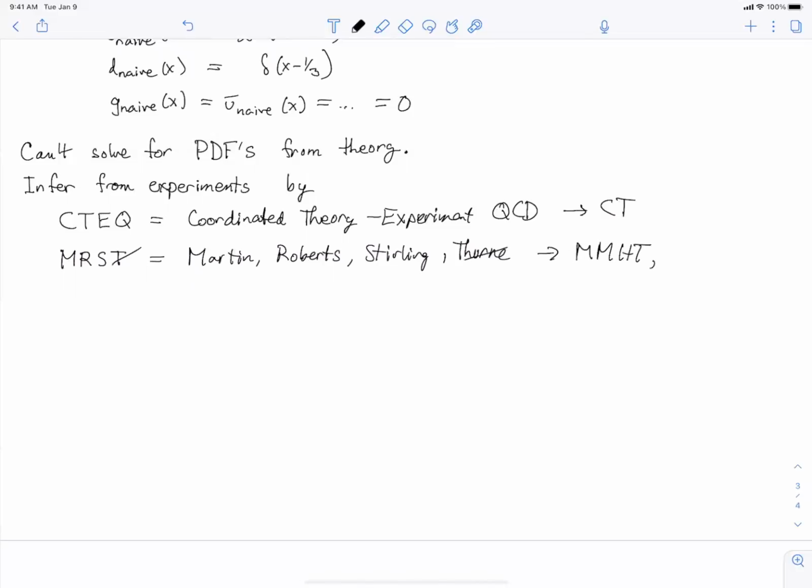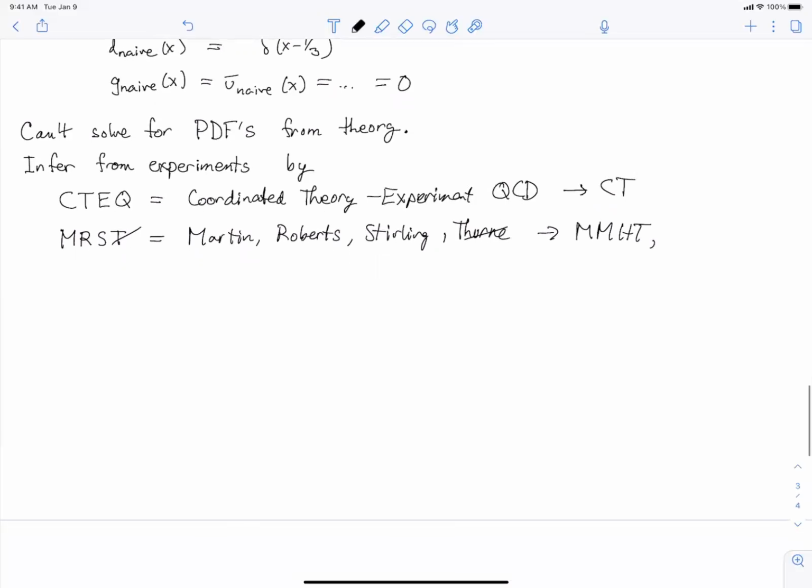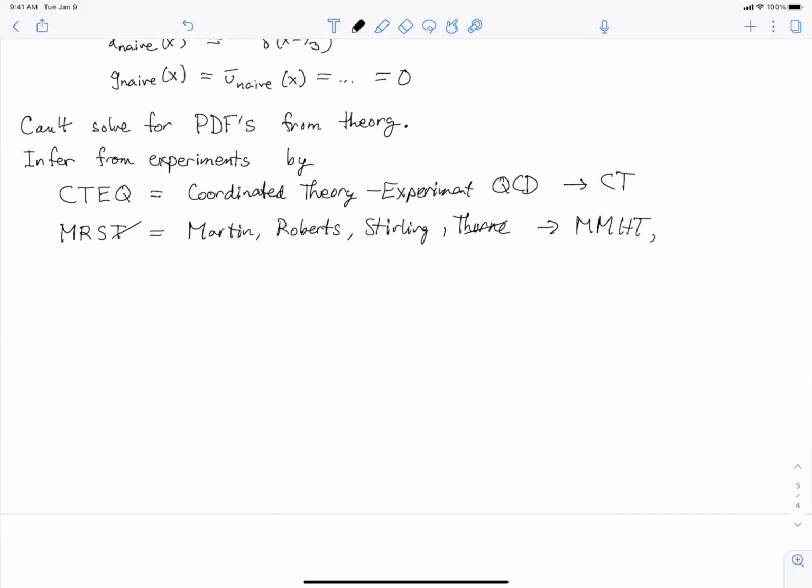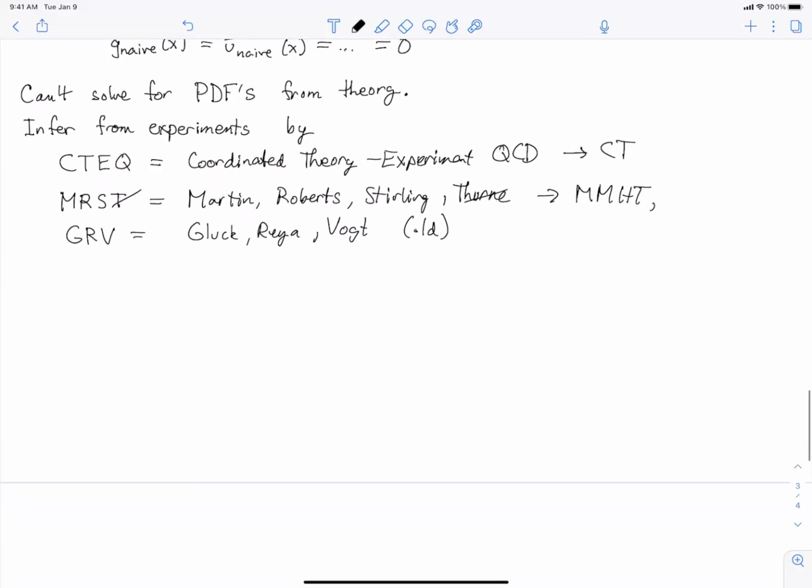And actually, I haven't looked lately at what they call themselves. There was GRV, which was Gluck, Reya, and Vogt. And I think this one is old. I don't think they maintain this anymore. One that's more recent is called neural network PDFs. They use neural networks to estimate them. This is more recent.